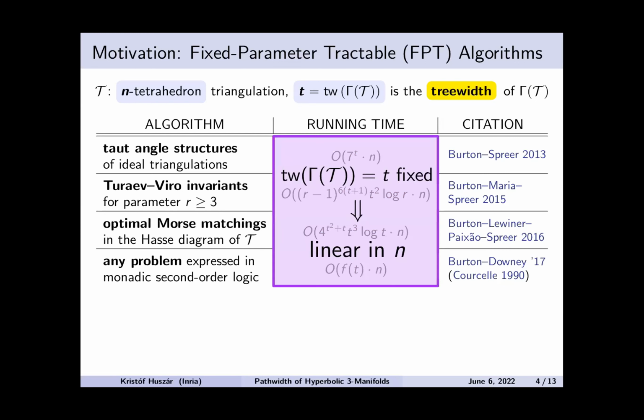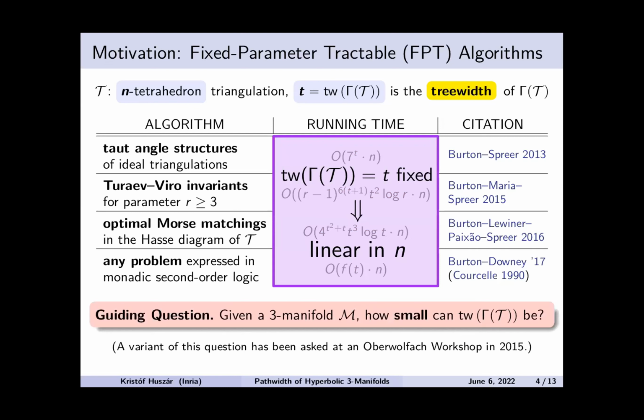In particular, if you assume the treewidth of your input triangulation to be fixed or bounded, then all of these algorithms are running in linear time in n. And the presence of these algorithms has motivated a guiding question for us, namely, given a three-dimensional manifold M, how small can the treewidth of the dual graph of any triangulation of M be?